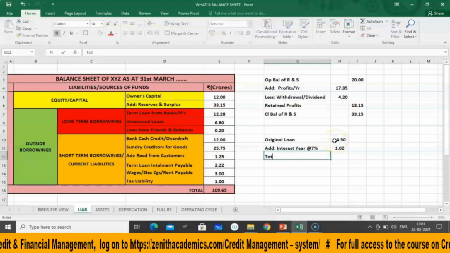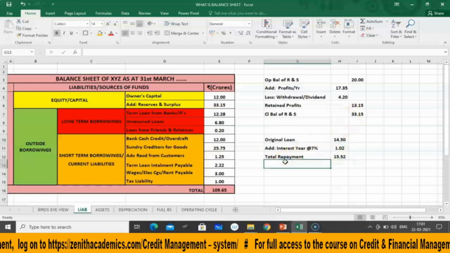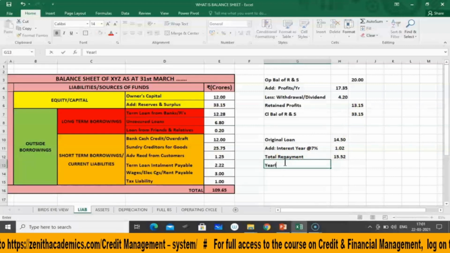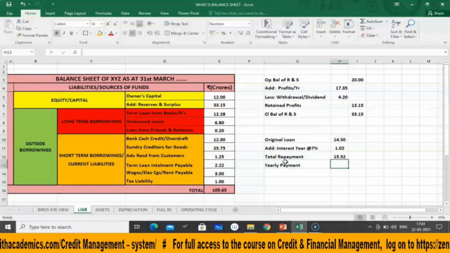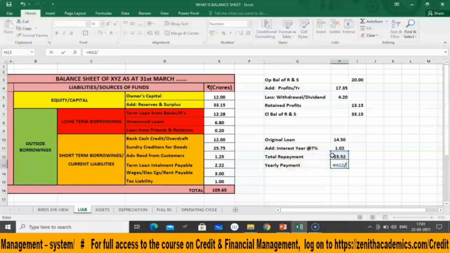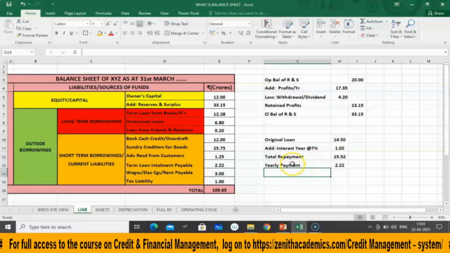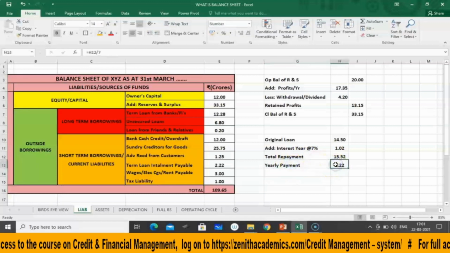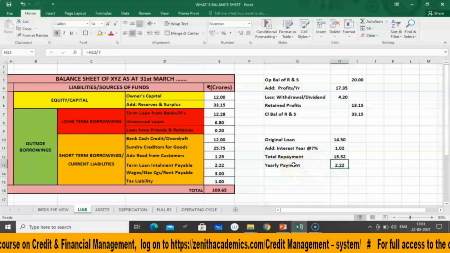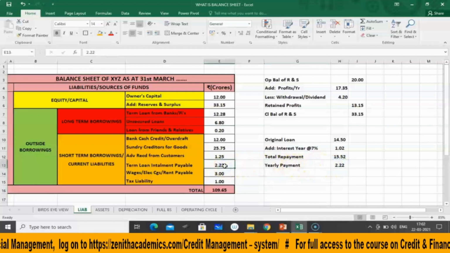Therefore, total repayment would be 15.52 crores and the yearly payment by the company would be 15.52 crores divided by 7, that is 2.22 crores. So this 2.22 crores has to be repaid within the next 12 months and is included as current liabilities.